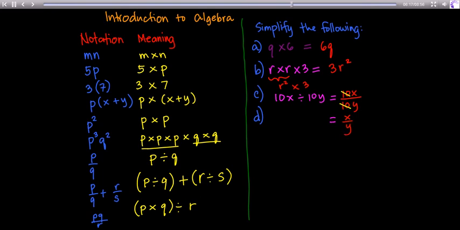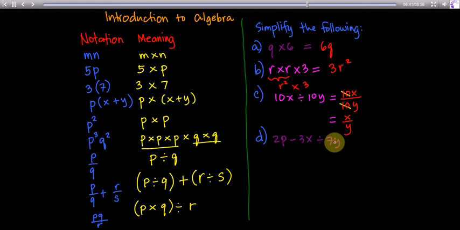Alright, so let me move this letter D over here. Let's have another example. Given 2p minus 3x divided by 7y.